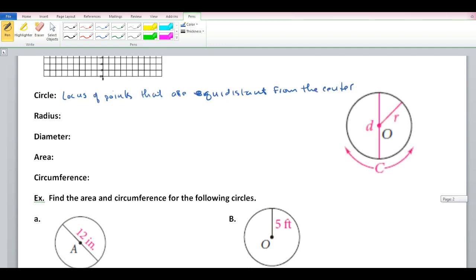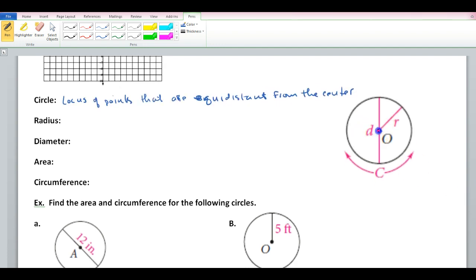So when we look at a circle, you have your center. Then this outer edge is made up of millions and millions of points. When you look at every single point, they will be equidistant from the center. So the distance from the center to any point on the circle is all the same.